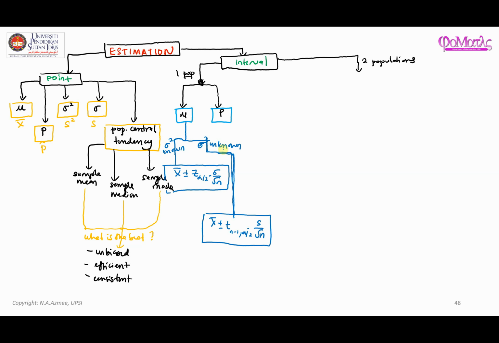So basically when it is unknown, you will resort to finding the t quantile that comes from the t distribution, and of course instead of writing sigma, we will write s. Here s is the sample standard deviation, so you have to estimate the value of the unknown sigma using s.